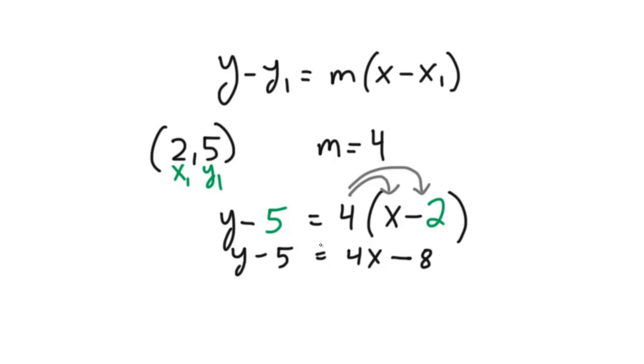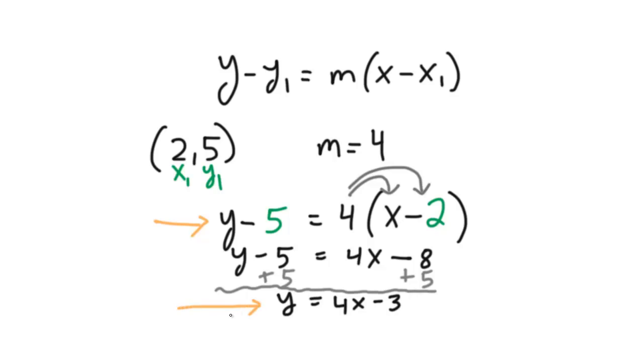Now all you have to do after that is add 5 to both sides. Plus 5 on the left hand side, plus 5 on the right hand side. So now you end up with y equals 4x minus 3. So you can easily go from point-slope form into slope-intercept form.